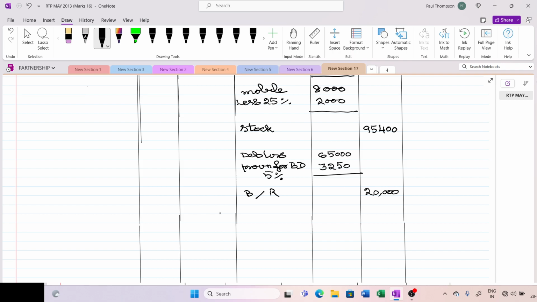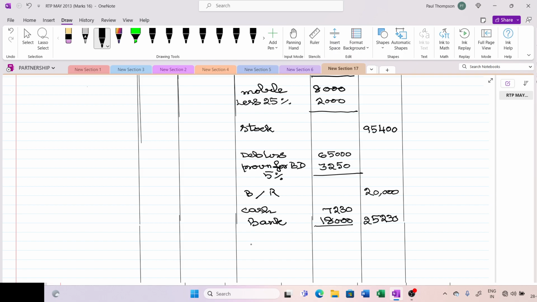Next item they have given is cash and bank. Cash will appear here as well as in our working note: 7,230, and bank 18,000. So the total will appear on the outer column, 25,230. Okay.